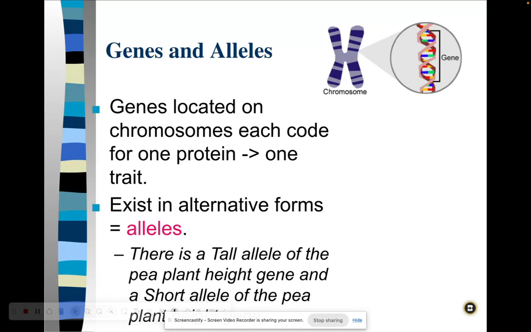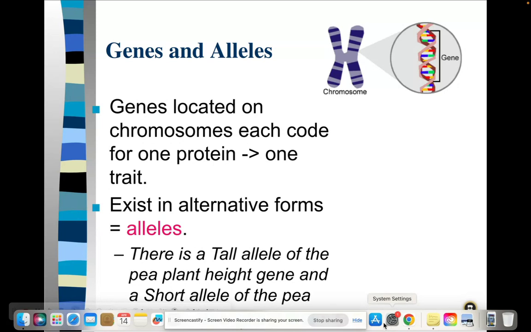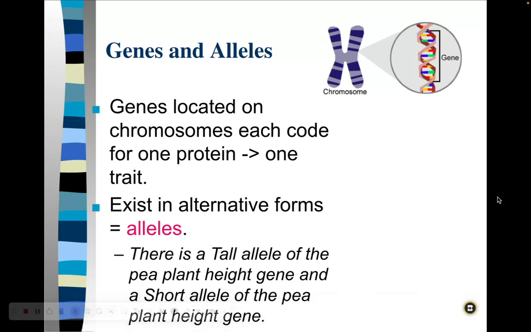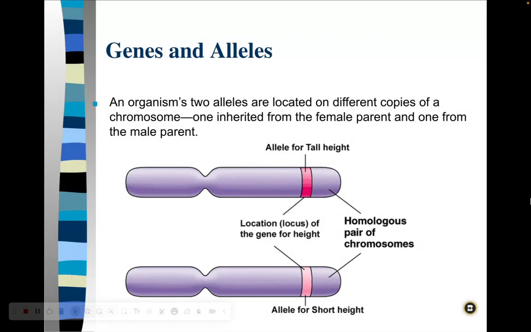Genes are located on chromosomes, each code for one protein, which is one trait. And they exist in alternative forms called alleles. There is a tall allele of the pea plant height gene and a short allele of the pea plant height gene. And once again, an organism's two alleles are located on different copies of a chromosome, one inherited from the female parent and one from the male parent.